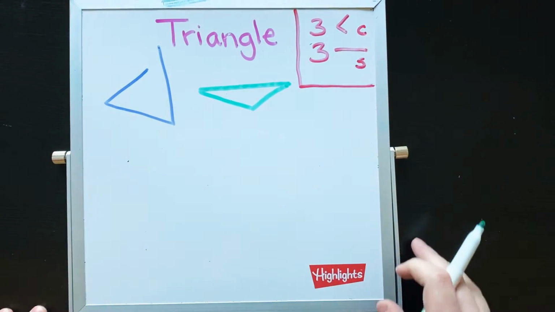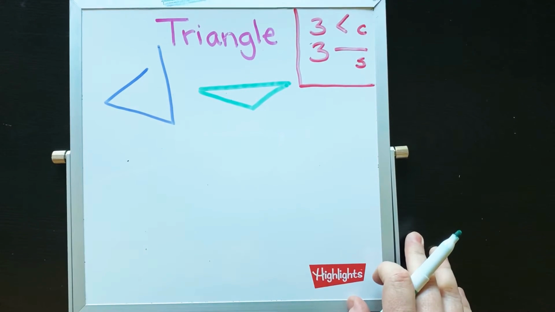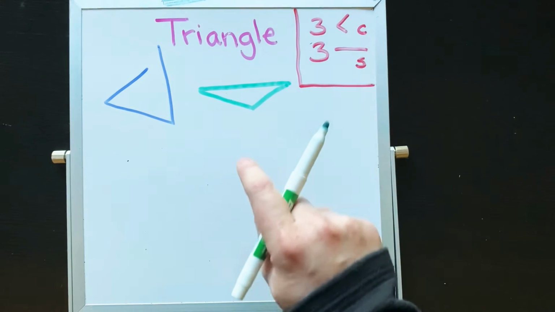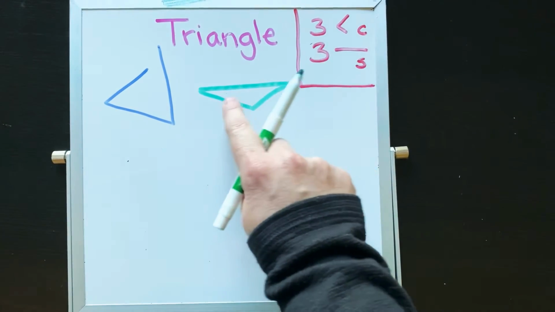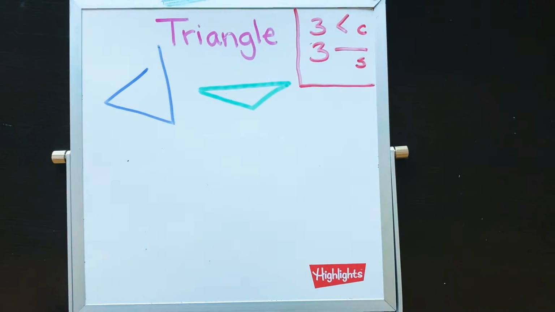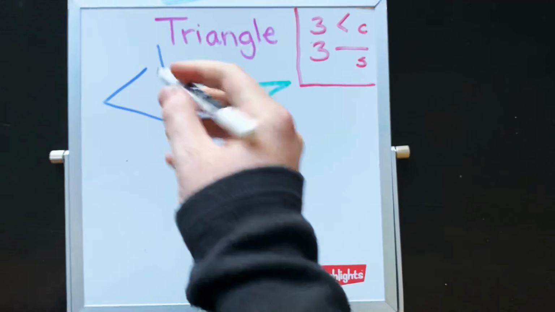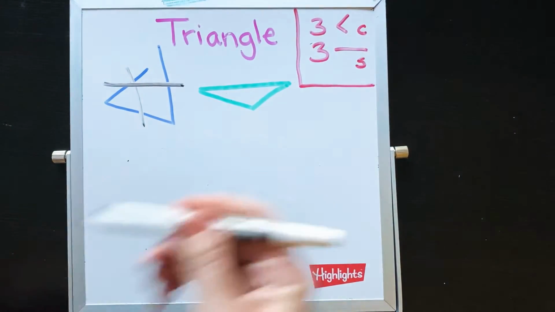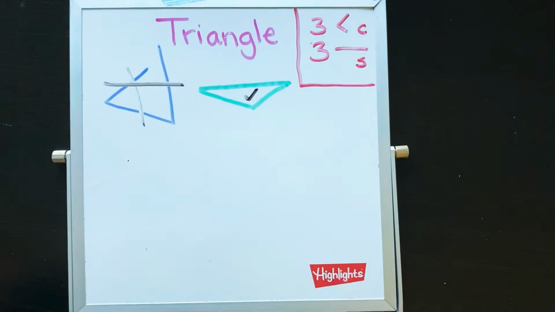What do you think? Triangle or not? Let's count the sides. 1, 2, 3. 1, 2, 3. Yeah, it has both, so that must be a triangle. I'm going to use a different color to cross out the ones that are not triangles. So that's not a triangle. But this one is. Maybe I'll do a little check mark.